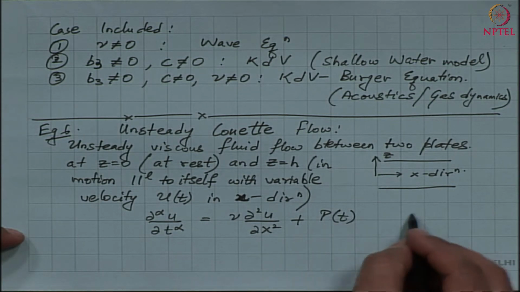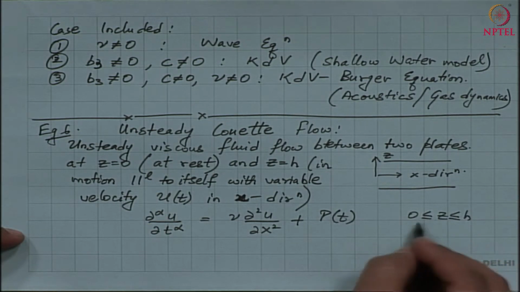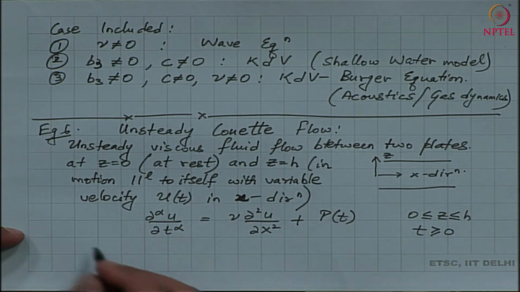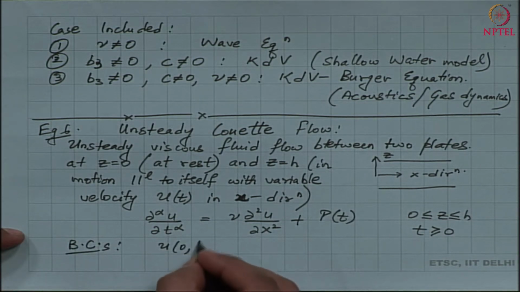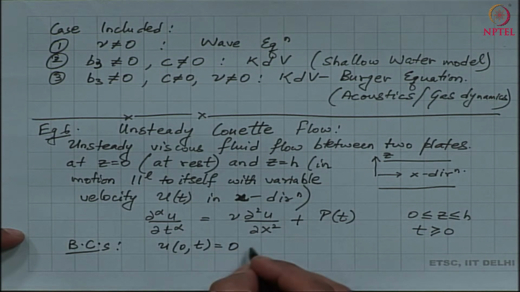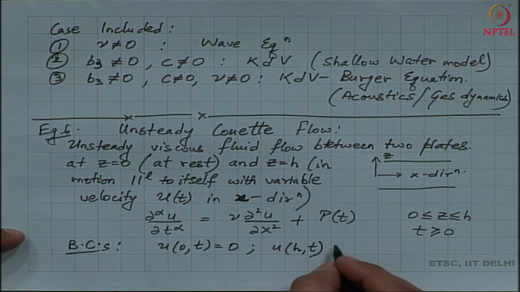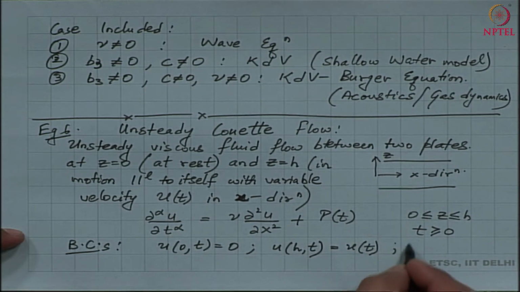Okay. So, now I am solving this solution in a finite domain z from 0 to h and for all non-negative time. So, I am given the boundary conditions as follows: u of 0 comma t is 0 and u of h comma t is u of t, and this is for t greater than 0.